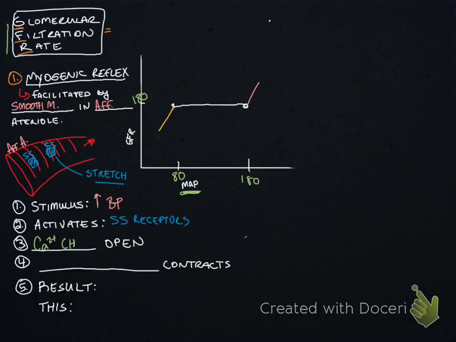So yes, this causes smooth muscle contraction. This results in what we call vasoconstriction of the vessel, of the afferent arteriole, and results in a decrease in GFR, which is what we would want to maintain 180 liters a day. Okay?